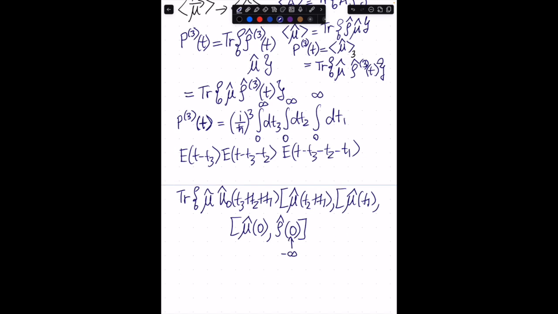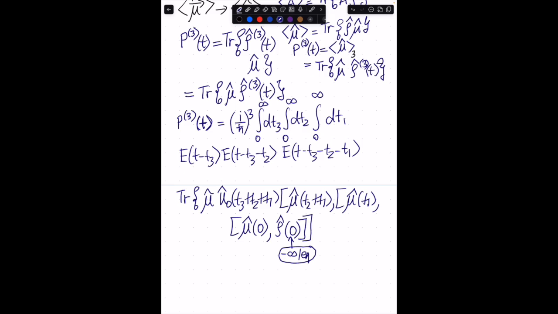As I mentioned to you, the system is stationary from minus infinity to 0. So some people will write rho 0, some people will write rho minus infinity, and some people will also call this rho equilibrium. It's because the system is in equilibrium before any light field is incident on the system. So just a word of caution on these different notations.